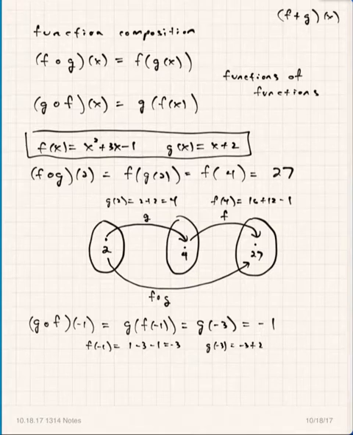You can even take a function and you can compose it with itself. Looks kind of crazy, but definitely something that can be done. So, for example, we could have f composed with f of, let's say, 4. f composed with f of 4. And so by definition, this would be f of f of 4.